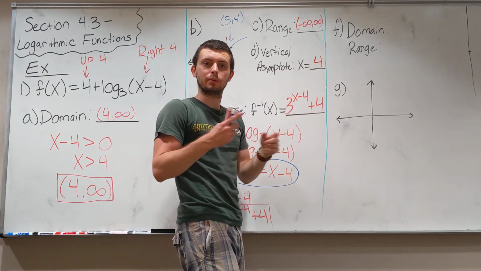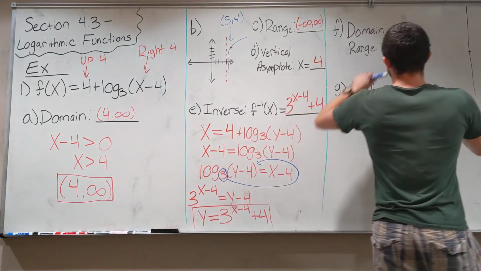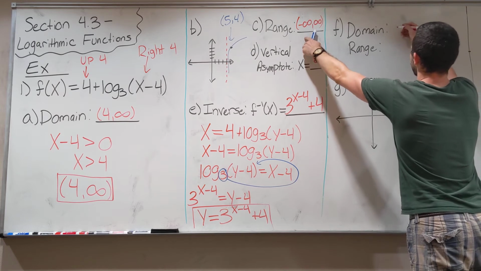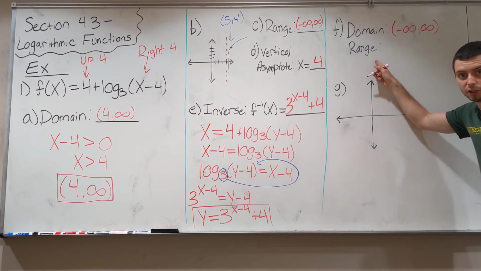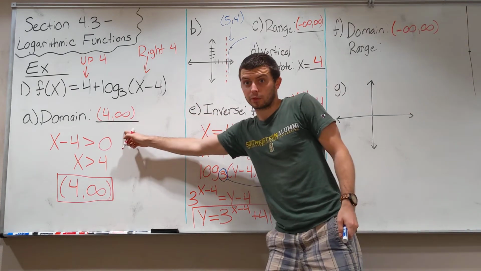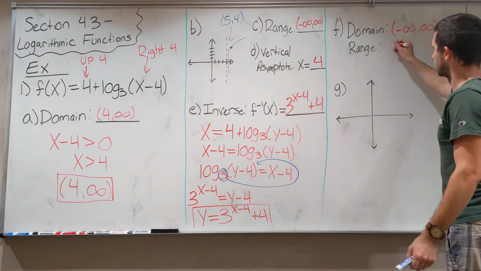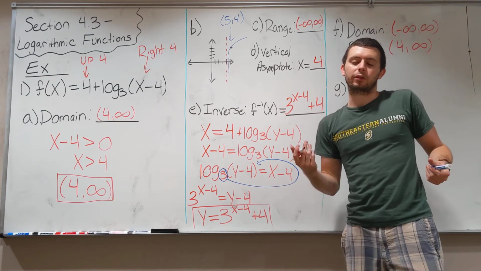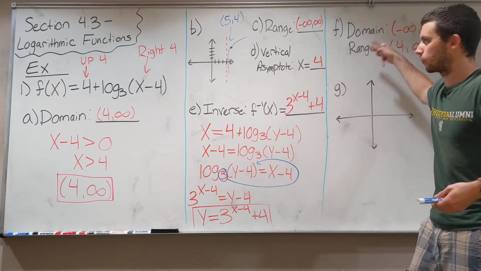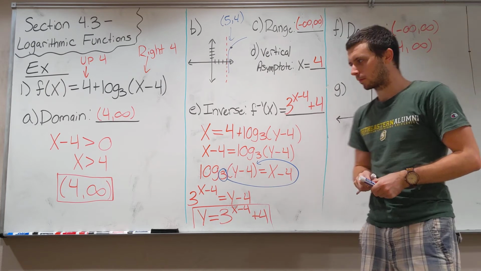Remember, everything's swapped. That's what it means to be an inverse. So the domain here is the range of the original. The range here is the domain of the original. That's it. So with an inverse function, you get all of those for free. It's just everything is switched.